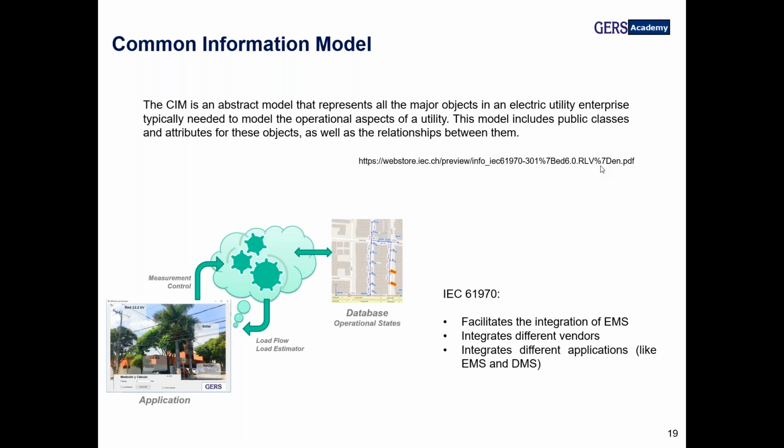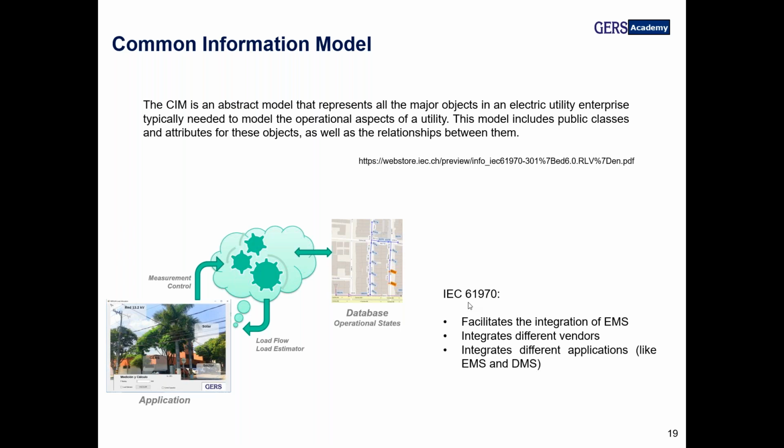And you can see how the CIM is a model that can represent many objects in the electrical infrastructure. And that could be used for the exchange of information between the EMS systems from different manufacturers. And you can exchange information between an EMS system and a DMS system or different applications. You can even exchange information between power systems and analysis tools using CIM.